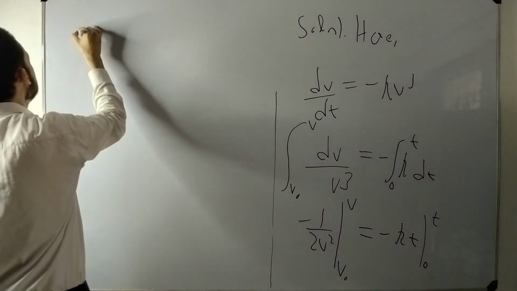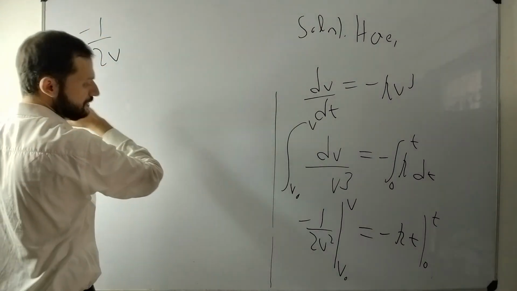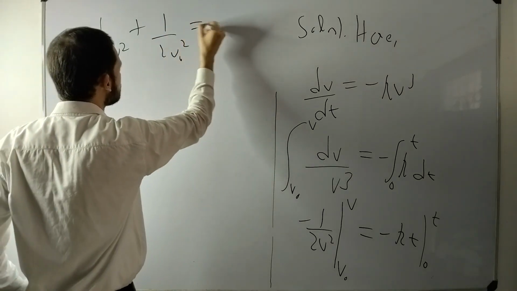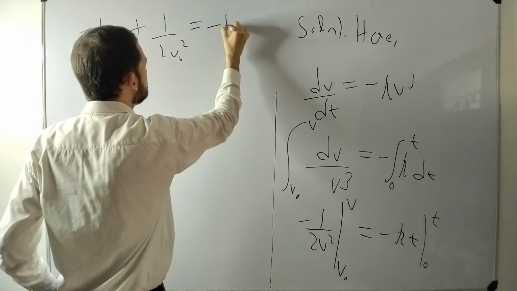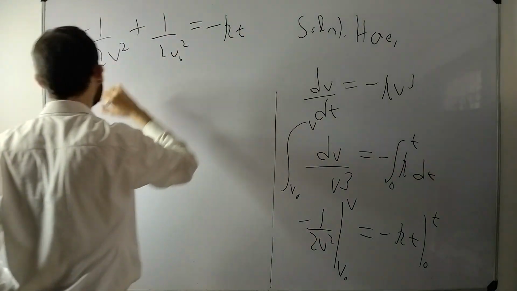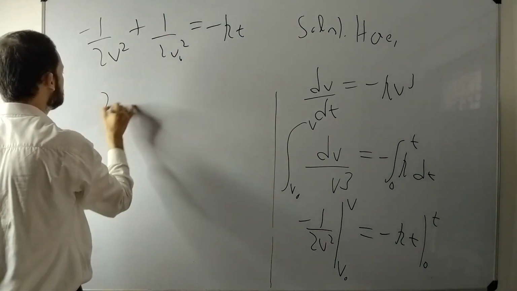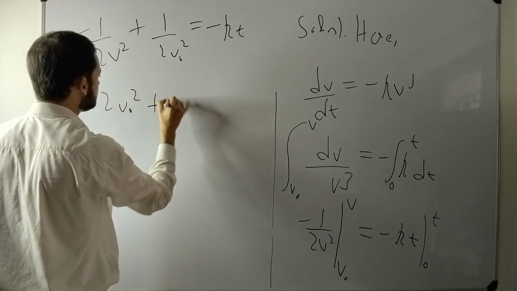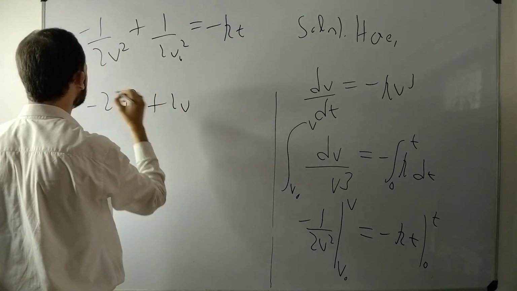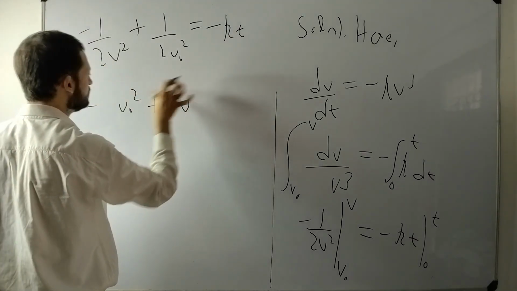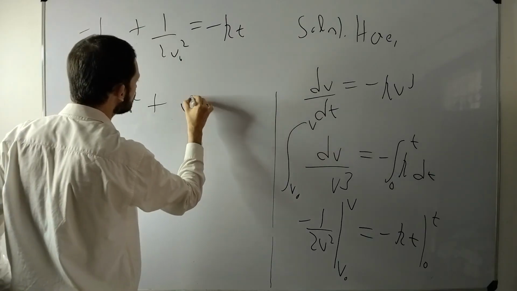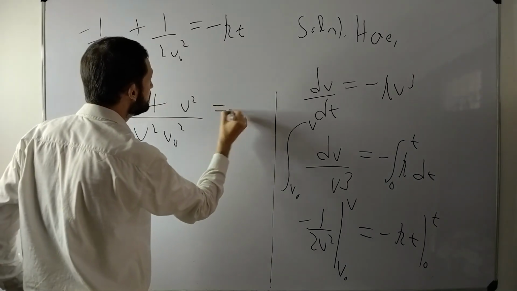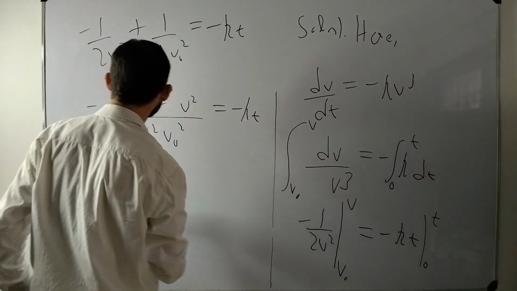Minus 1 by 2V square plus 1 by 2V naught square equals minus kt.